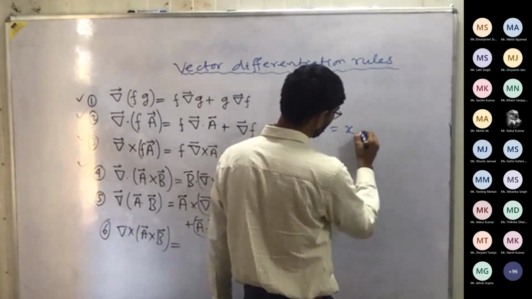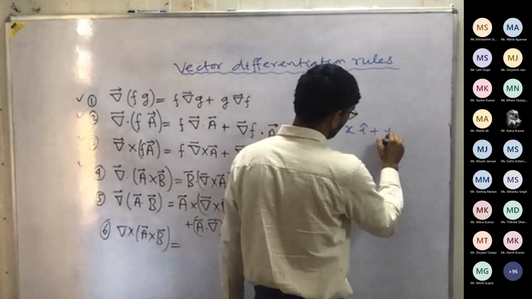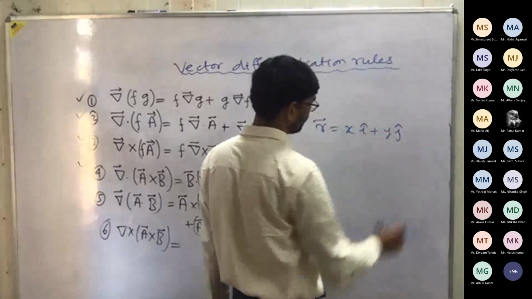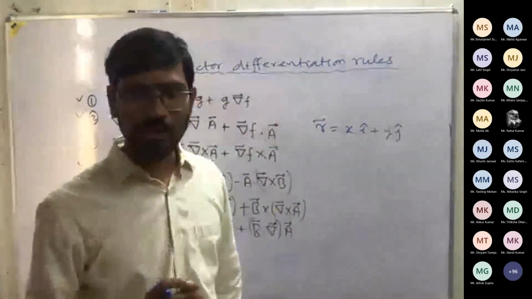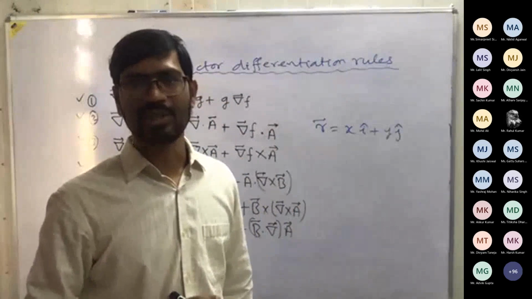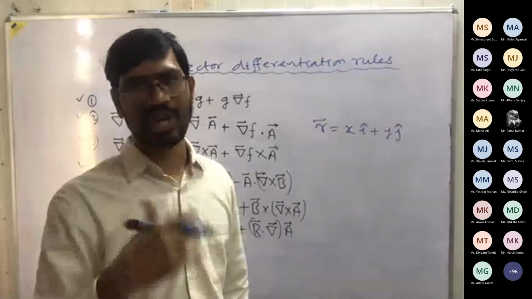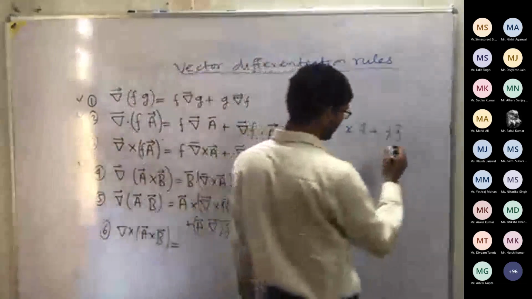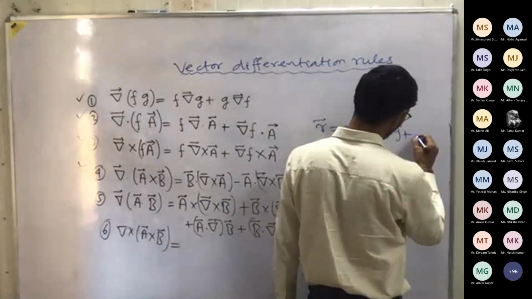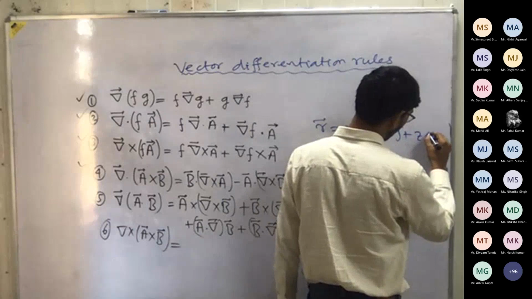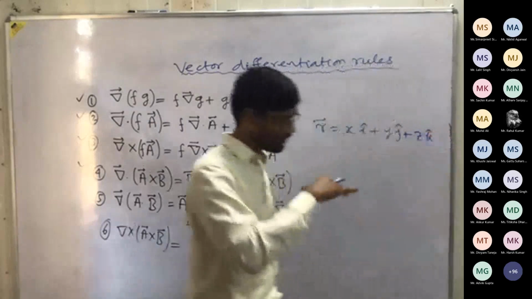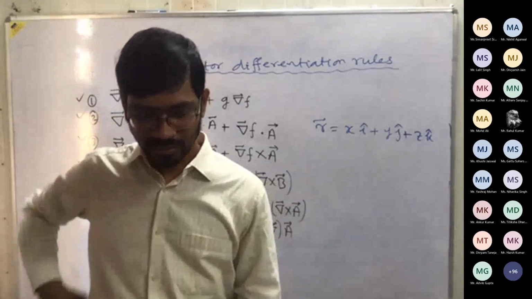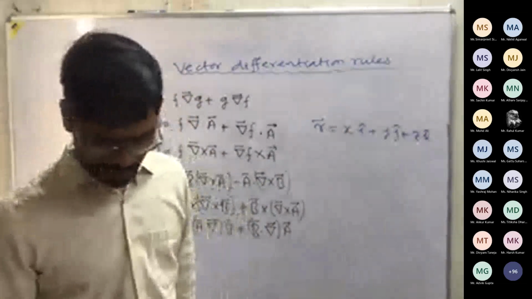You don't just do it like this. If I check the paper, I give them full marks, but I may not check all the papers. So when nothing is mentioned, you have to take the general form. Assume 3-dimensional vector.